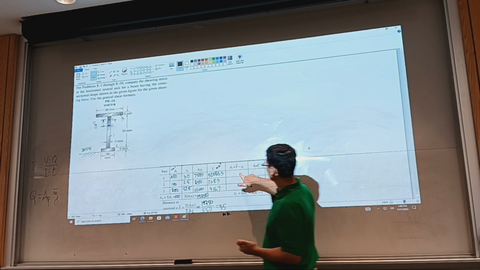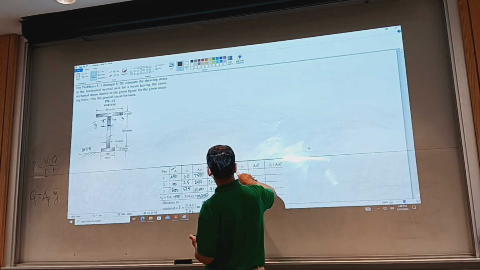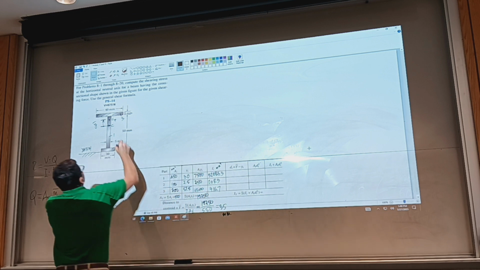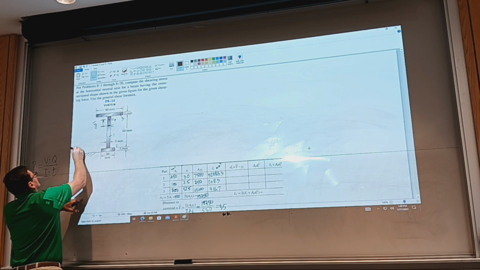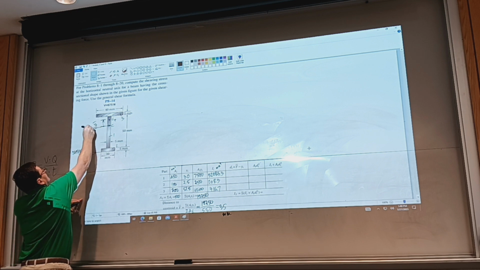Alright, so now we can evaluate the distance between the centroid of the figure, and that's going to be this distance.